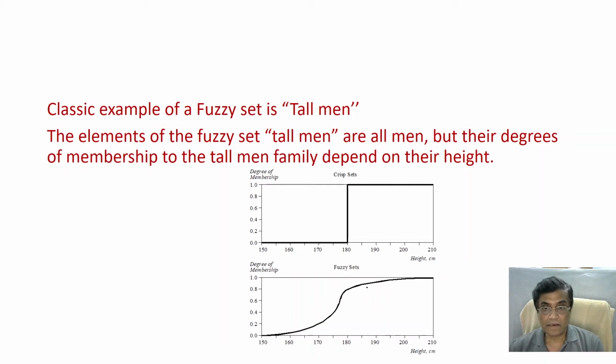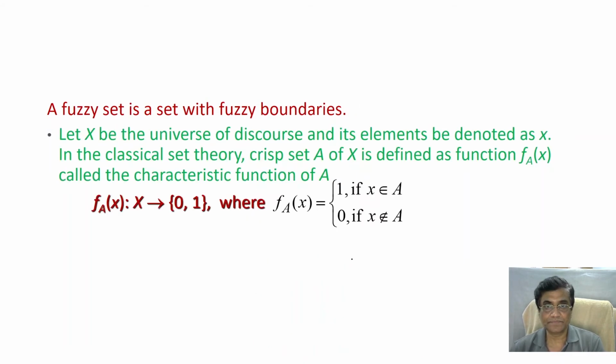So 190 is tall with this very high membership value. So this is a membership function in fuzzy logic. We try to capture with a continuum, and we can characterize the attribute of tallness. This is much more practical than this.